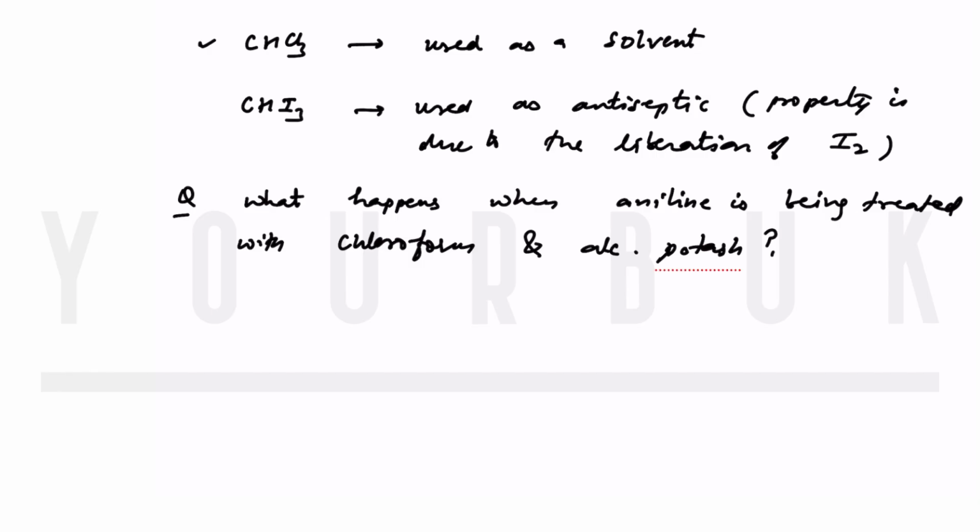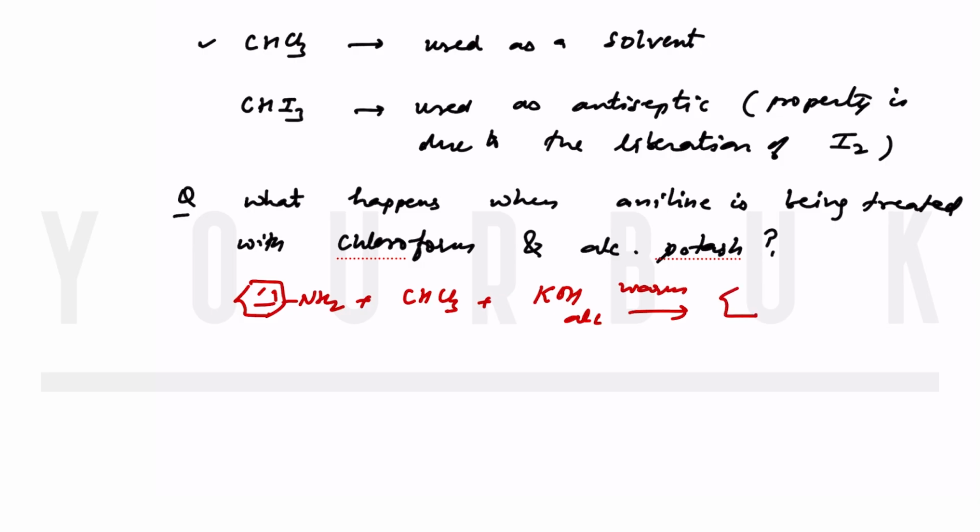So my equation is this. Aniline is being treated with chloroform, this is the isocyanide test, and alcoholic potash, warm. It gives us phenyl isocyanide, KCl plus water. This product is called phenyl isocyanide, and this is called aniline.